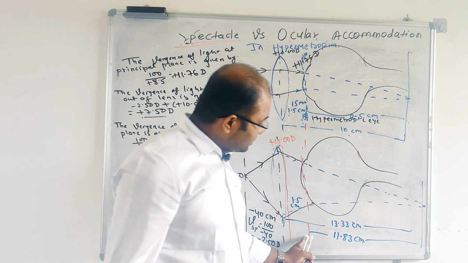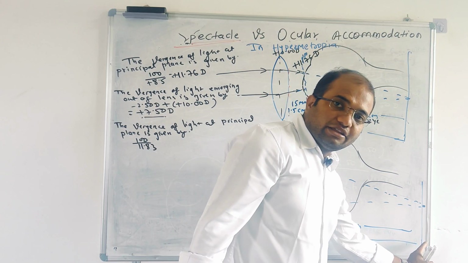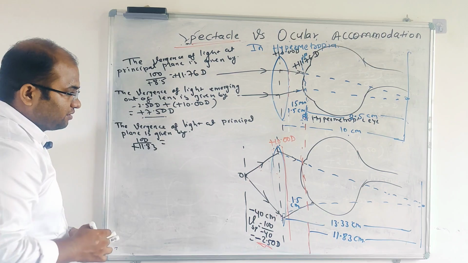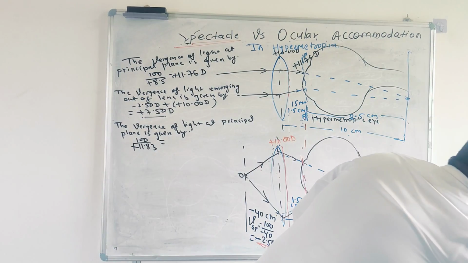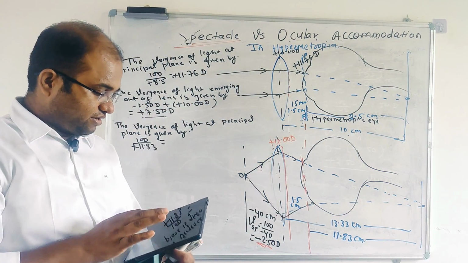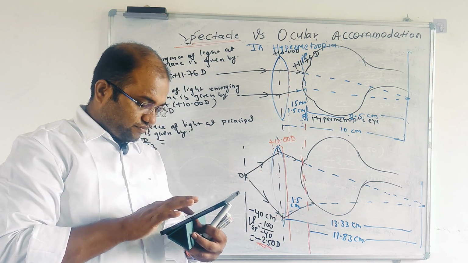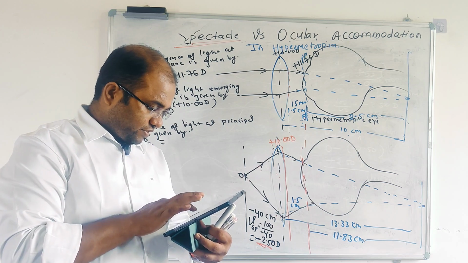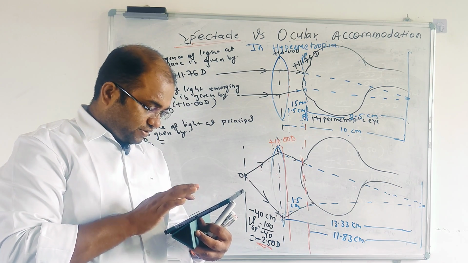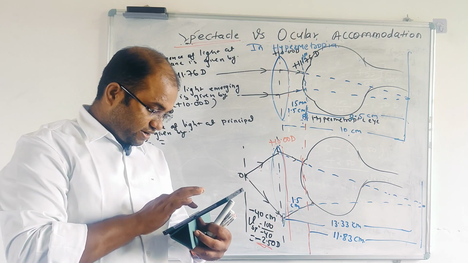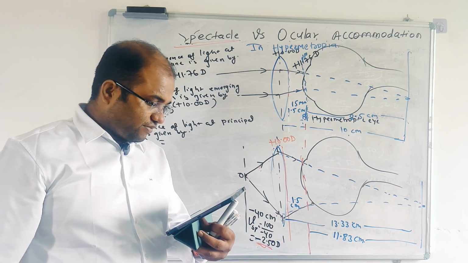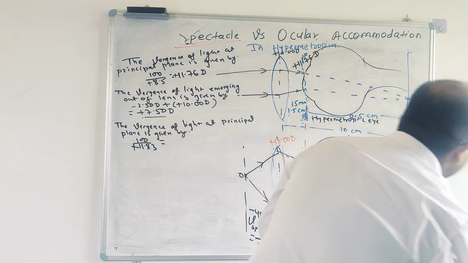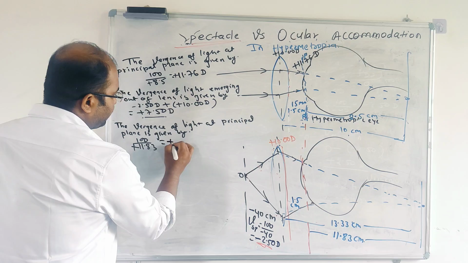And as this distance from this plane is toward the right side, this distance will be considered positive. So how much will it become? We'll calculate once more. 100 divided by 11.83. It is 8.45. So plus 8.45 diopter.